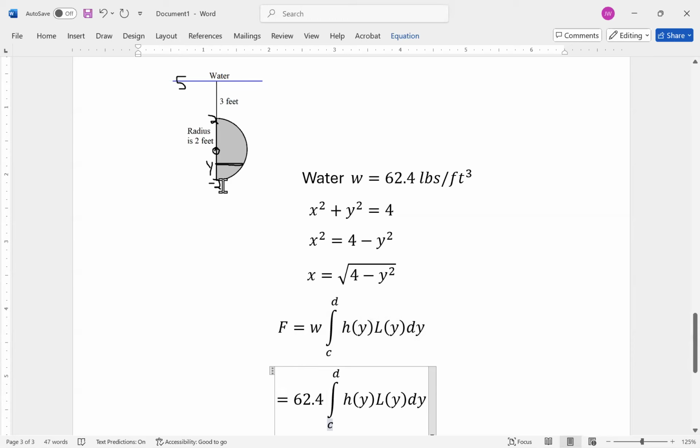My integration is going to go from -2 to +2. The depth of the water is 5, the depth of a horizontal sliver is going to be 5 minus that arbitrary y value where the sliver's at.